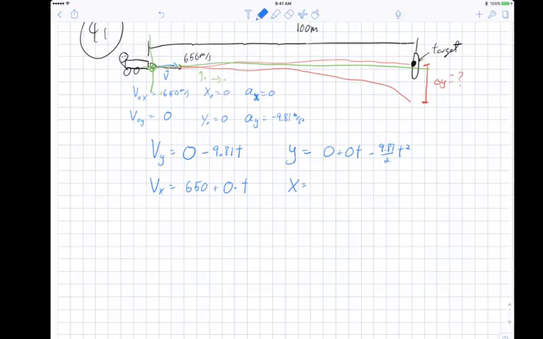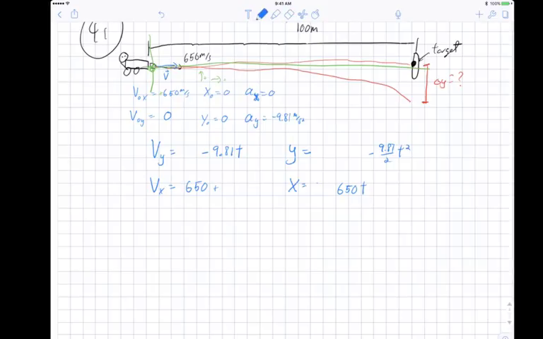The initial velocity is 650 times t, and the acceleration is 0, over 2 t squared. Now, I'm going to erase all the 0 terms just so that I have something nice to look at.